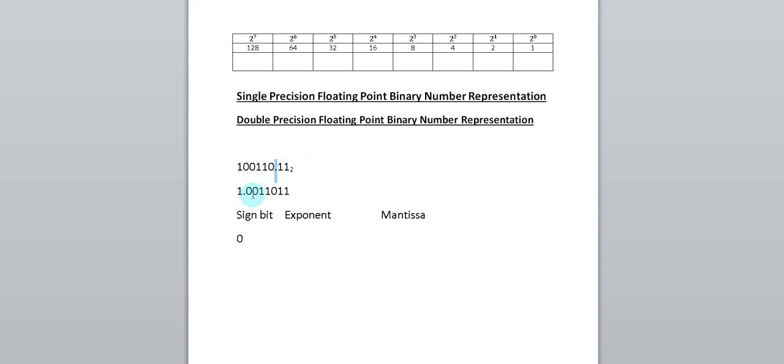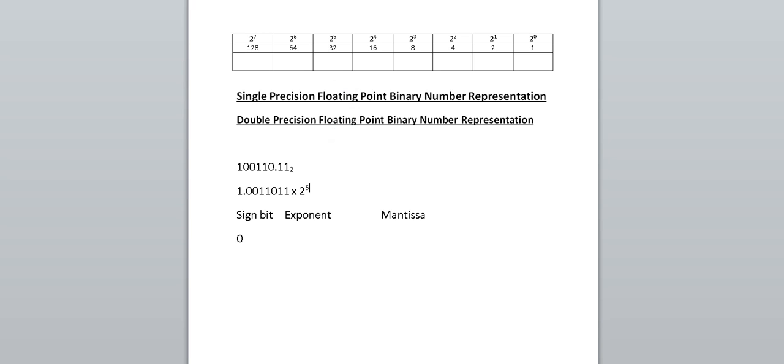Now that we moved the point to the left, we should always count how many times we moved it. In this case, we moved it 1, 2, 3, 4, 5 times. So that will be 2 to the power of 5.